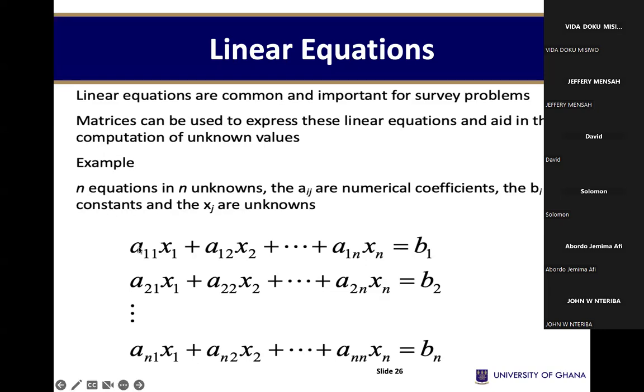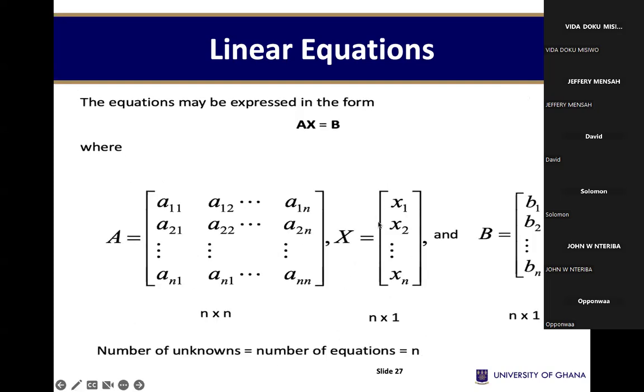These coefficients are A11, A12, A1n, then A21, A22, A2n, and then An1, An2, all the way to Ann. This Ann lets you know that we are dealing with a square matrix. So with a square matrix, we can have the coefficient matrix as A, which will be this.